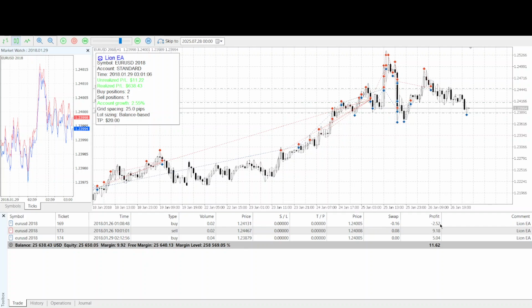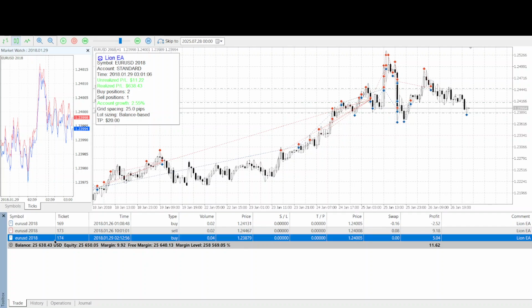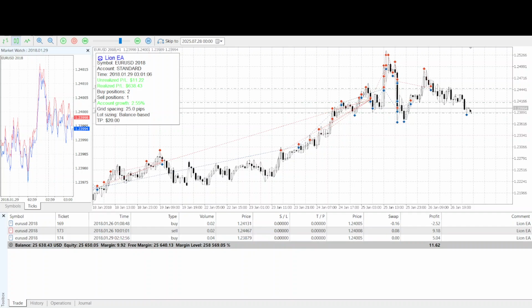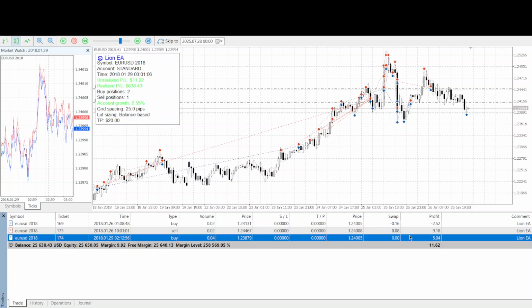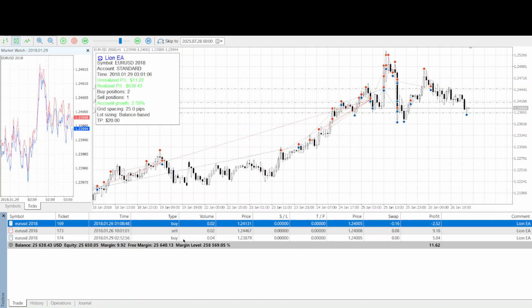So we see a martingale, 0.04. As price moved 20 pips away from the first entry, it opened another position. As soon as the position went back up, you could see it became profitable again, and it's outdoing the first one because it martingaled.